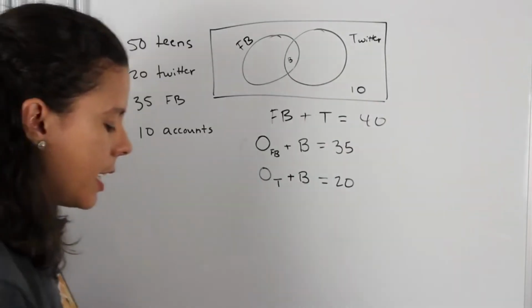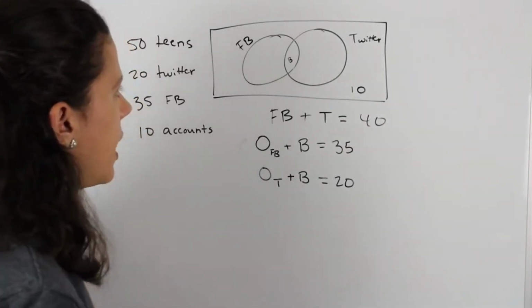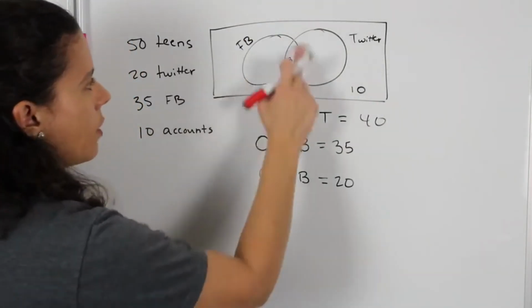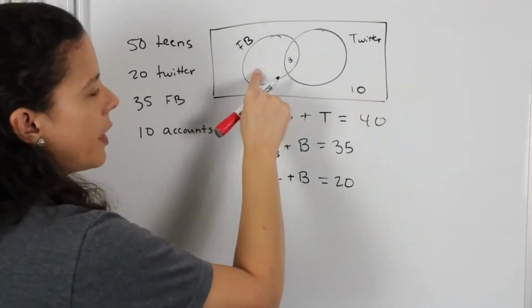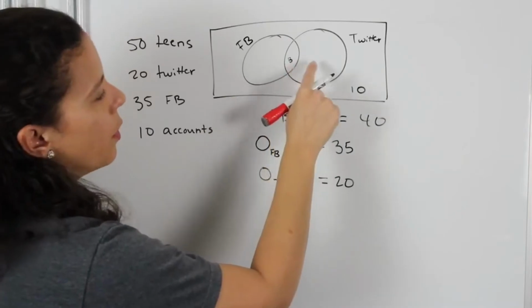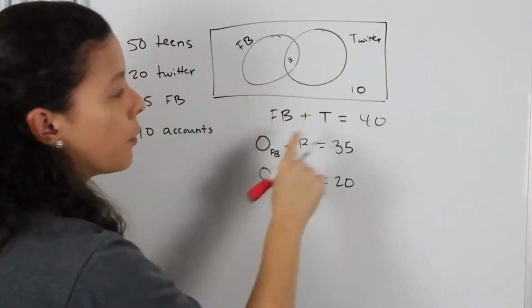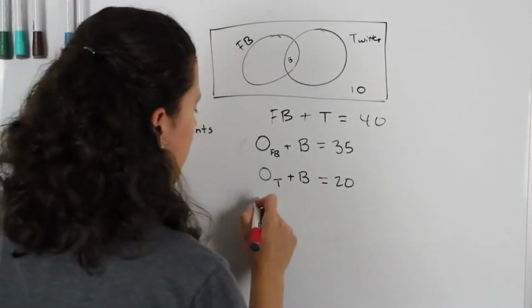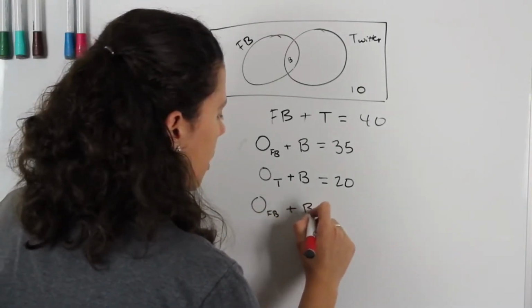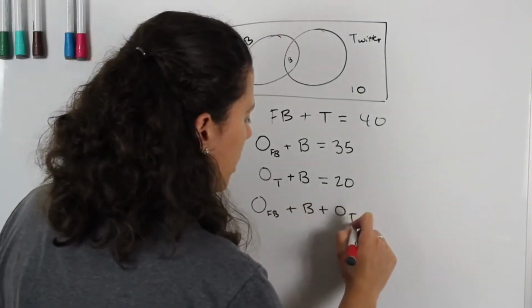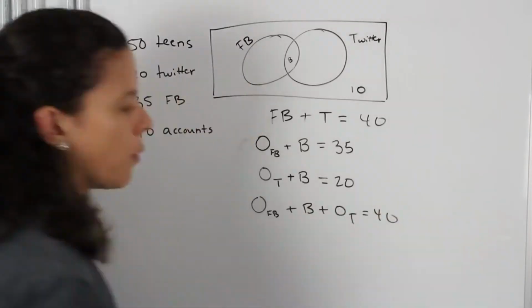And the other way we could say that is only Facebook plus both plus only Twitter is 40 total, right? So only Facebook plus both plus only Twitter is gonna be 40 kids.